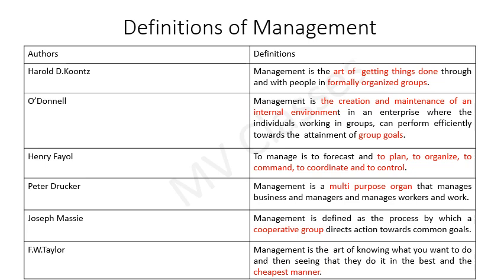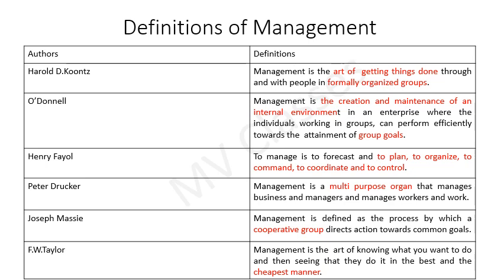The second one is O'Donnell. His full name is Cyril O'Donnell. He also wrote a book, Principles of Management and Analysis of Managerial Functions. He says management is the creation and maintenance of an internal environment favorable to performance, created by the group to attain the stated objectives given by the organization.